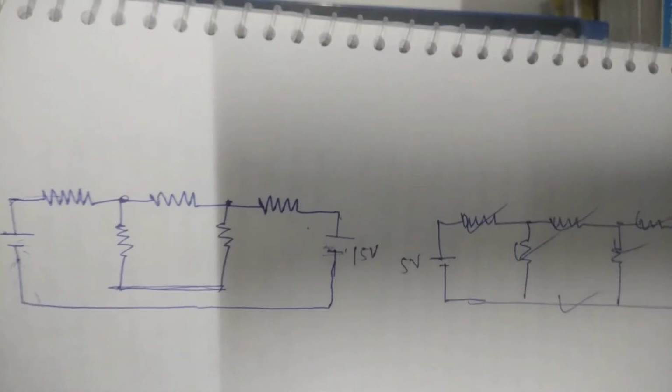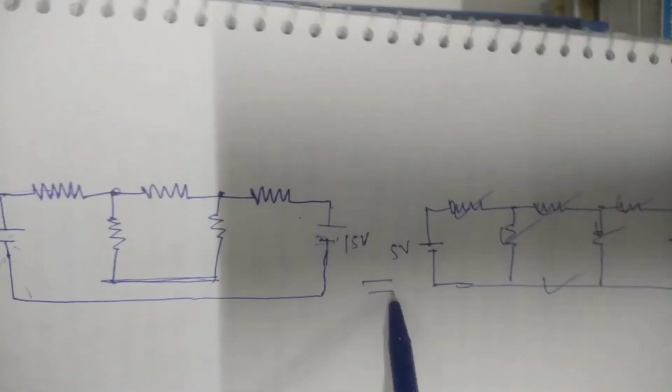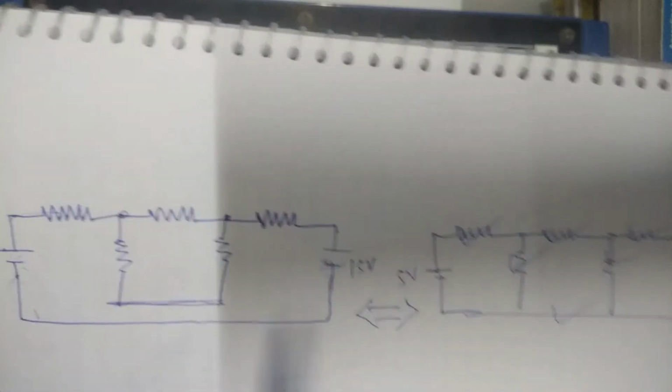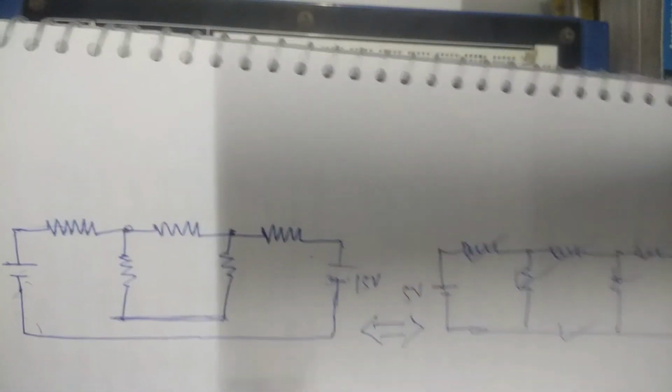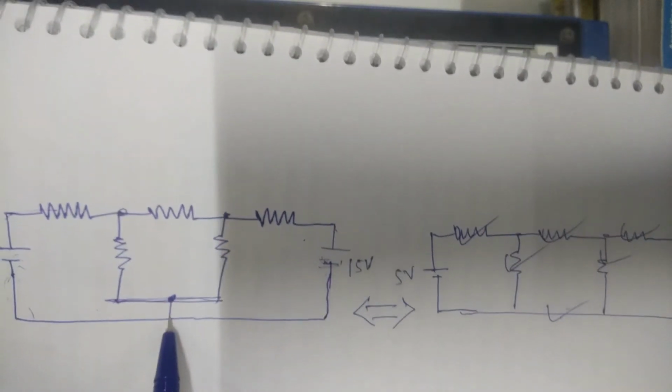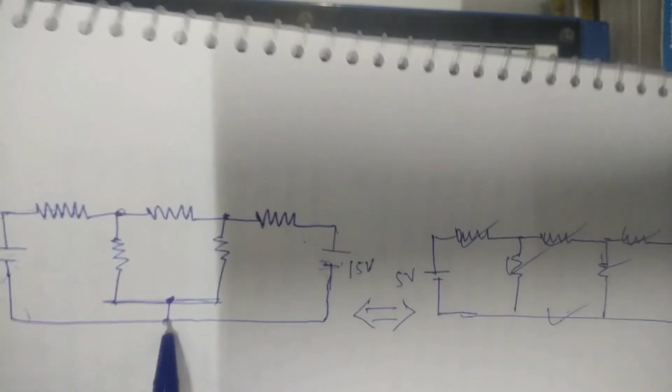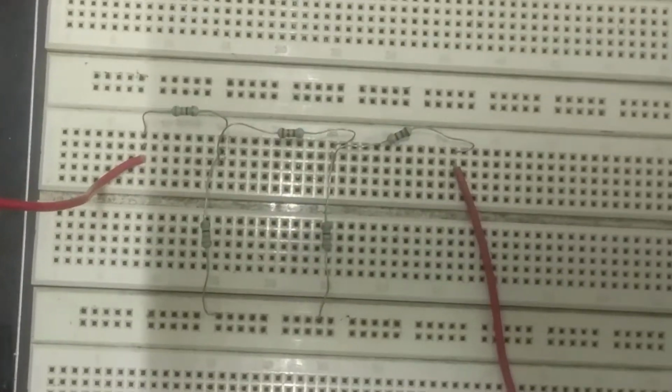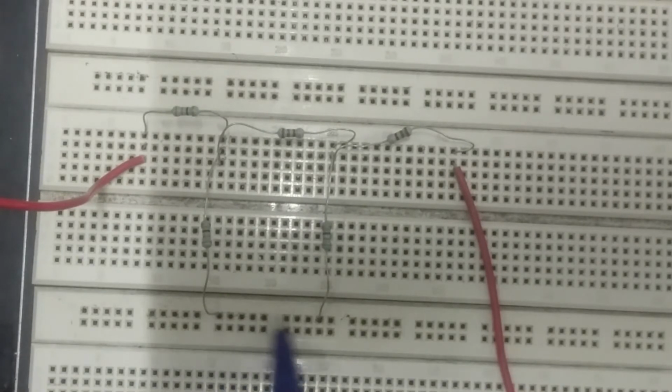Now what is remaining? We have to join the common point between these two points. The first point is this one, and the second point is your common.